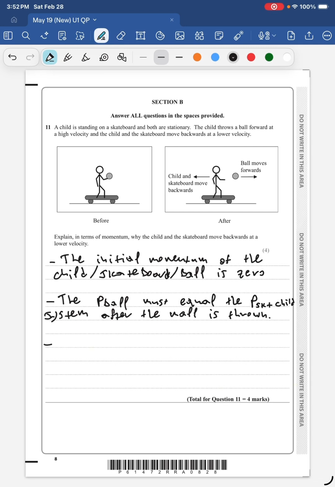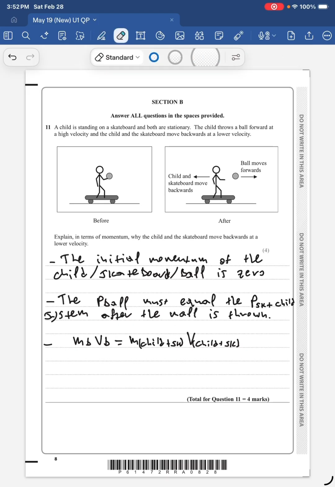The third point we can raise is that the mass of the ball times the velocity of the ball must equal the mass of the child plus skateboard times the velocity of the child plus skateboard. I'm writing it with tiny letters because this is supposed to be a subscript. Okay, and maybe we should put a parenthesis there to make it clear.